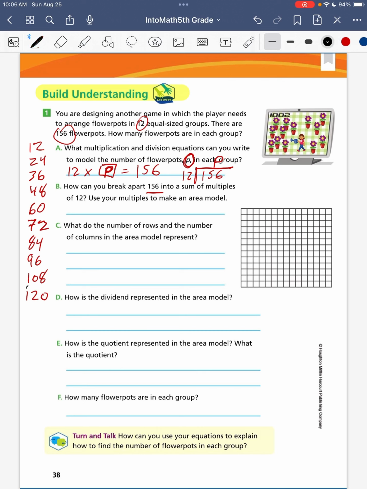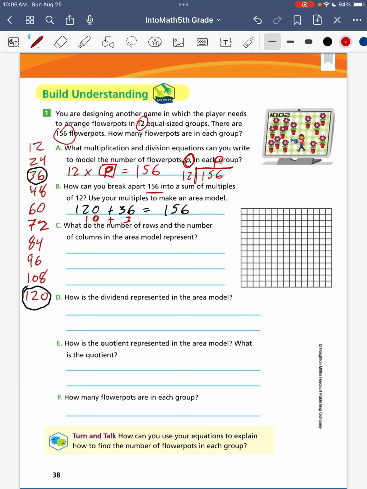Looking at this list, I see that 120 and 36 would add up to equal 156. 120 I like because that is 10 times 12, and 36 is 3.